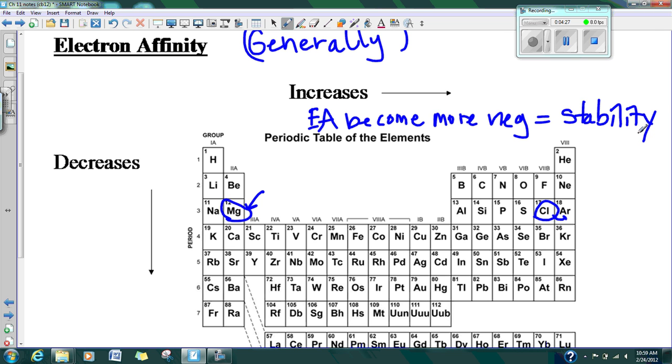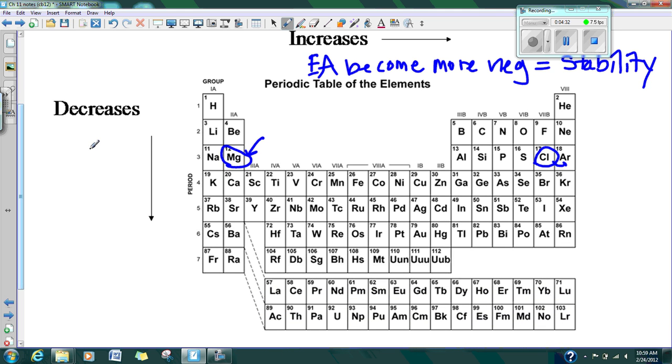So it's going to do that to become a more stable ion. Then as I go down my family, my EA, my electron affinity, is less negative. In some cases, it's going to become an endothermic reaction, and this means that it also is less stable. And again, these are general trends, but for the most part, they are going to work.